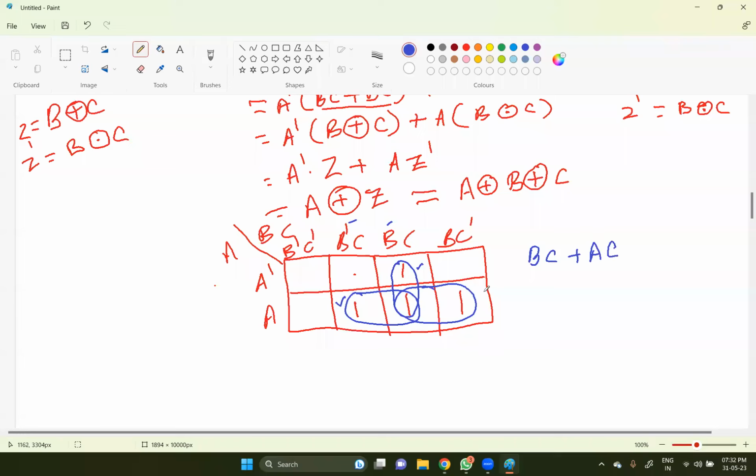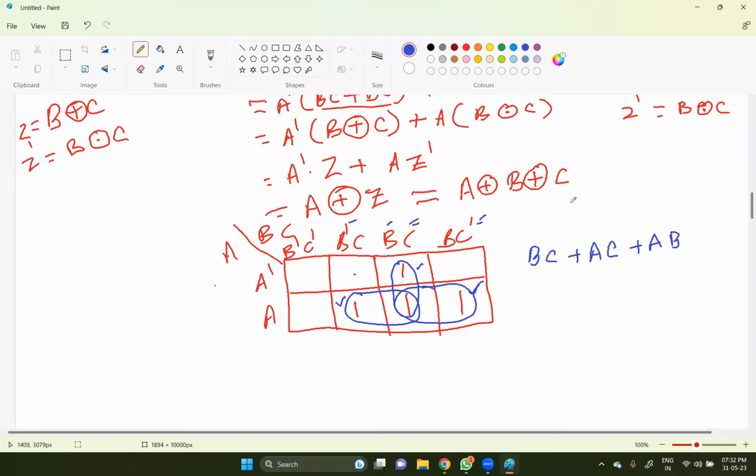If you take this third one, single row and the two columns, these two columns have been taken into consideration. So A will be the row element and the column common element will be B here.